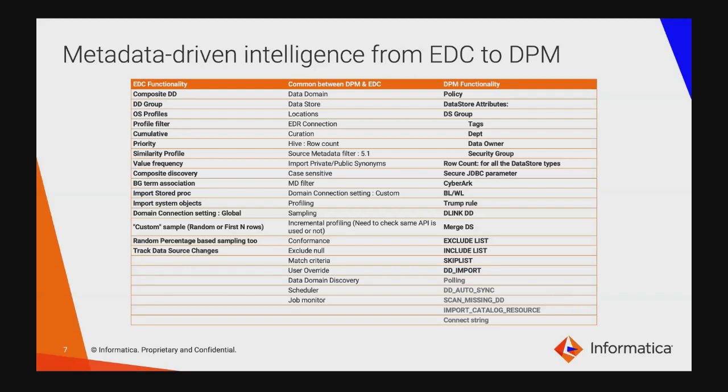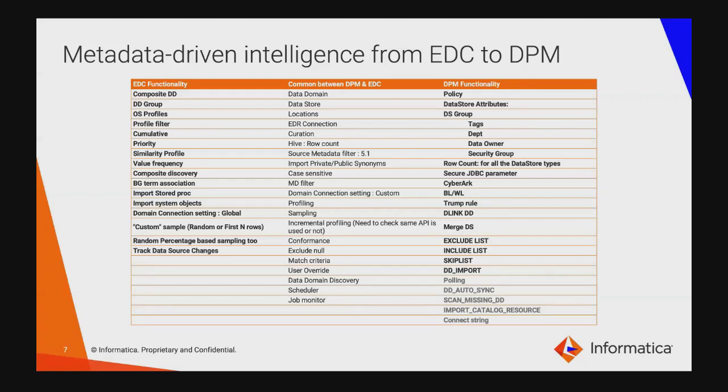There is a set of functionality which is very similar, which is the same, right? Between data privacy management and EDC, things like data store, data domains, where DPM calls it a data store while EDC calls it a resource.